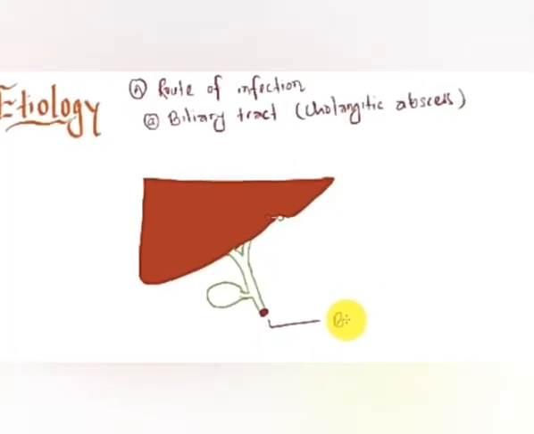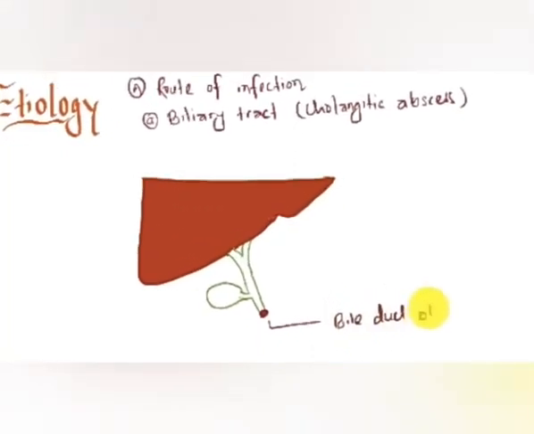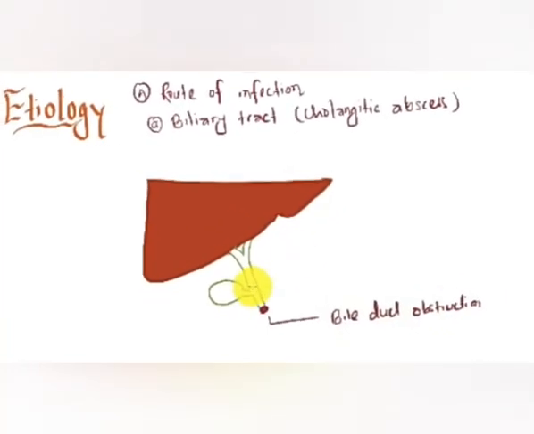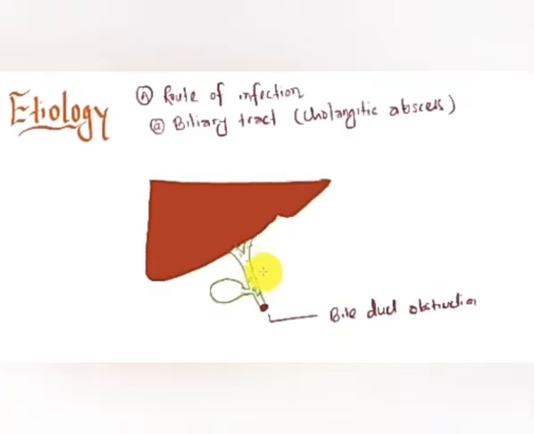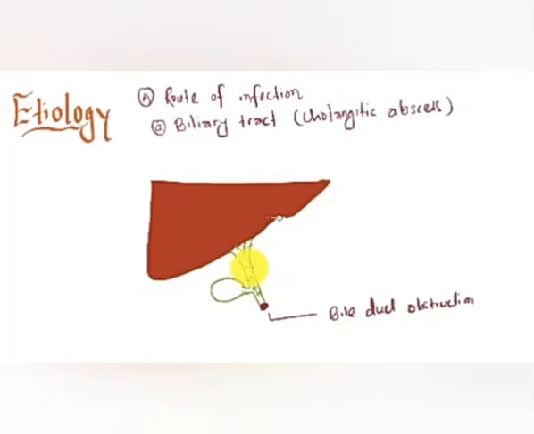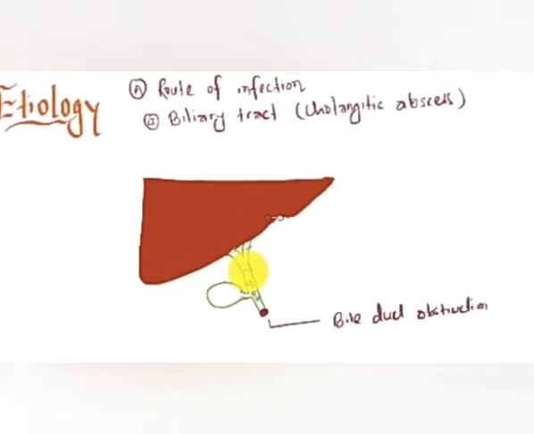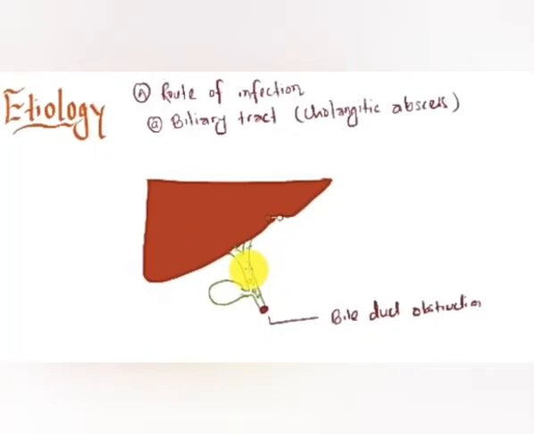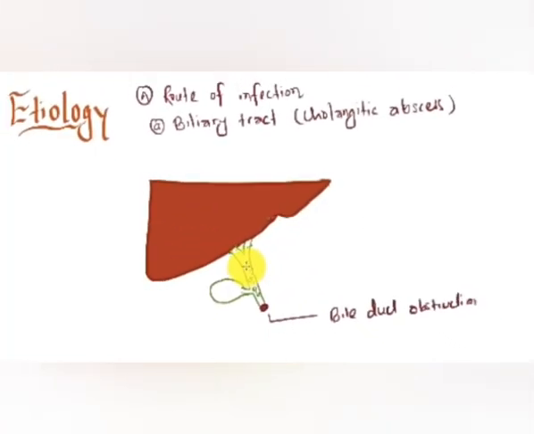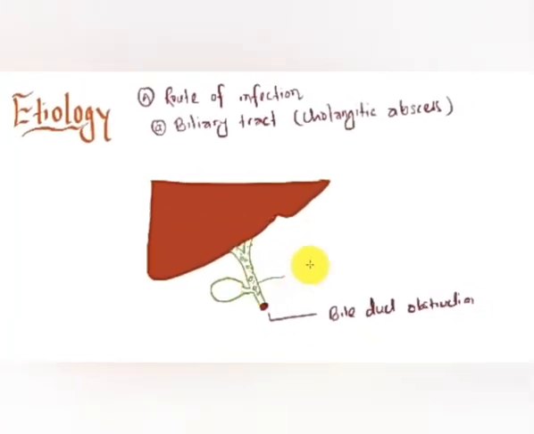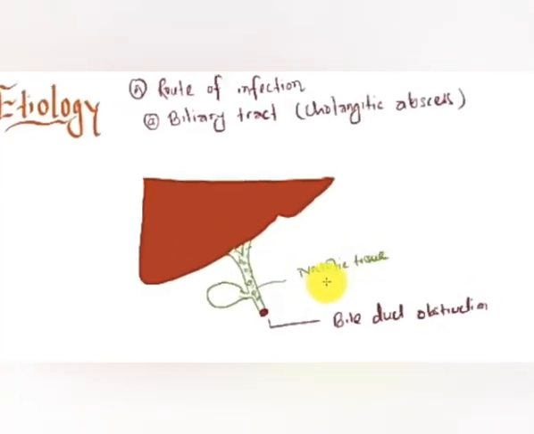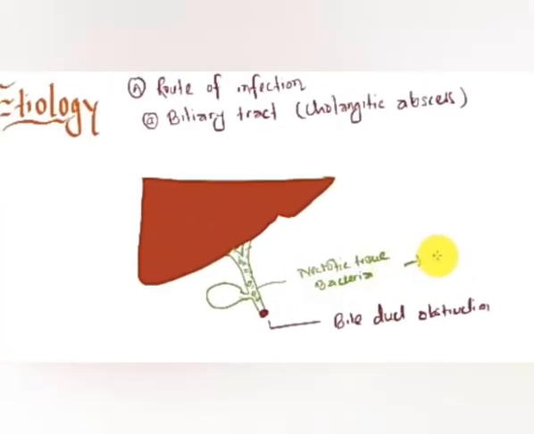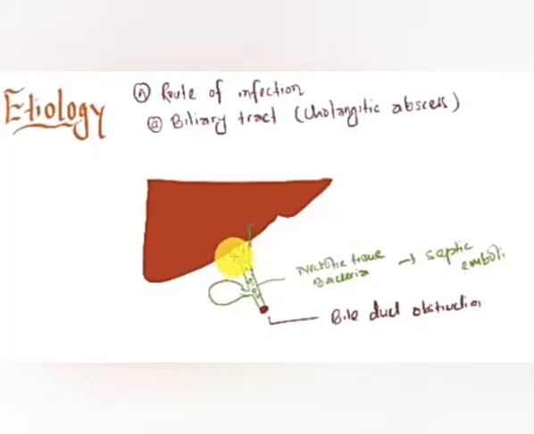What happens is the biliary tract gets obstructed due to bile duct stones or tumors. So the bile inside the bile duct becomes static and is a suitable medium for infection. The bacteria and necrotic tissue set in, resulting in septic emboli.